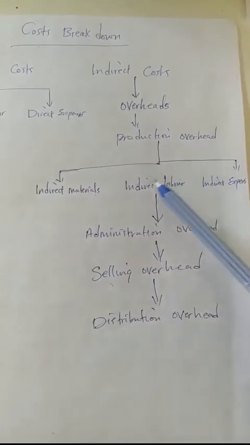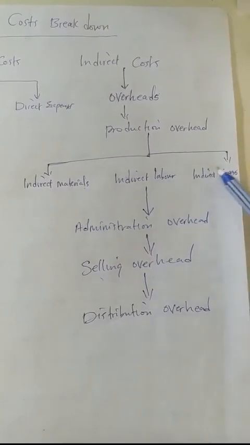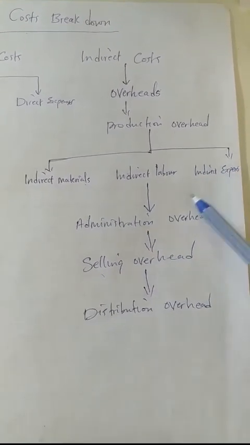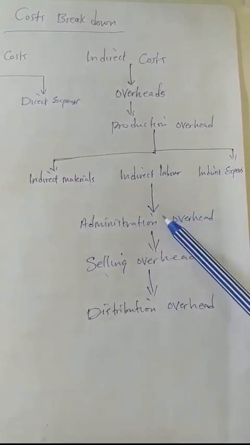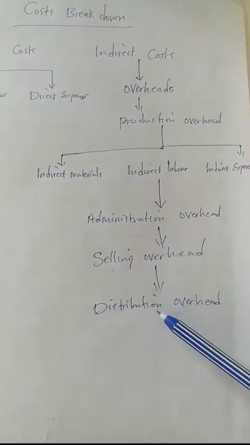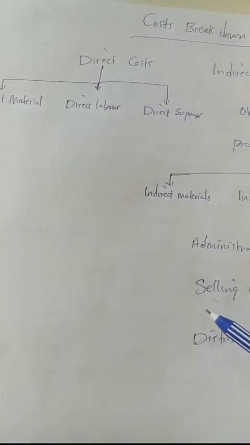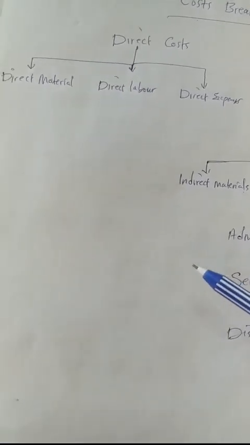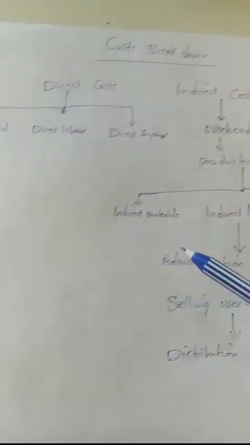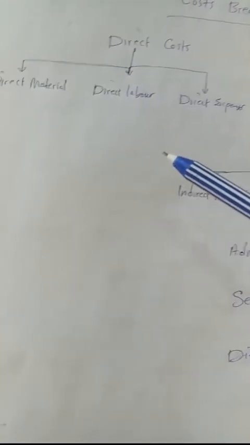Okay, indirect materials, indirect labor, indirect expenses, and then we have these other types of overheads, which my notes will explain further. Okay, but this is how we've moved in case at some point you felt like things are mixing up. I put down this so that it may help you understand.